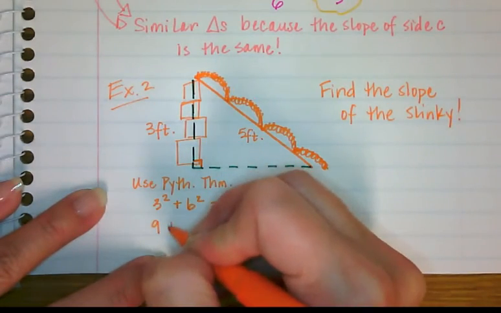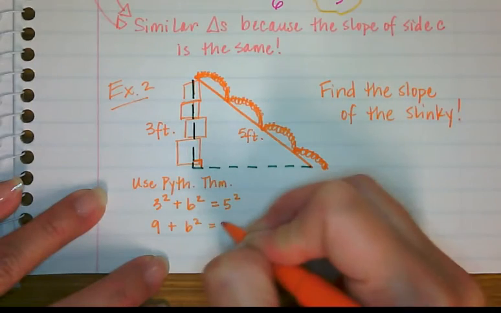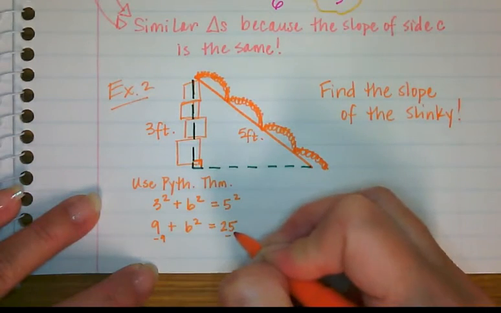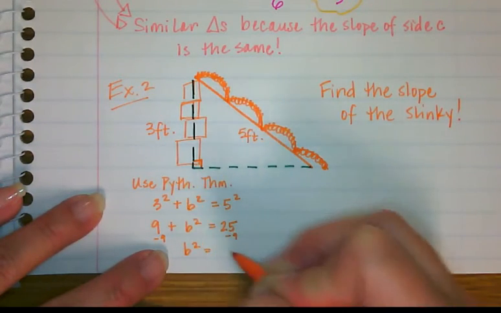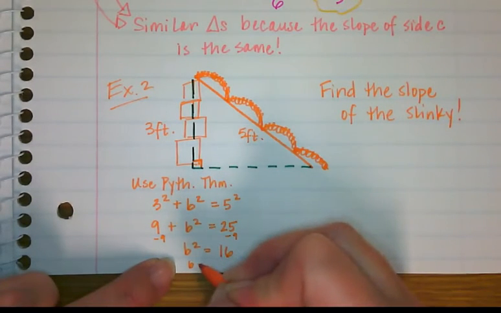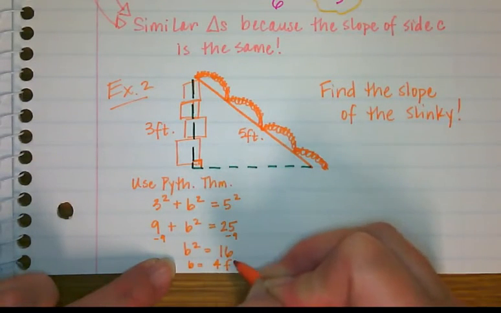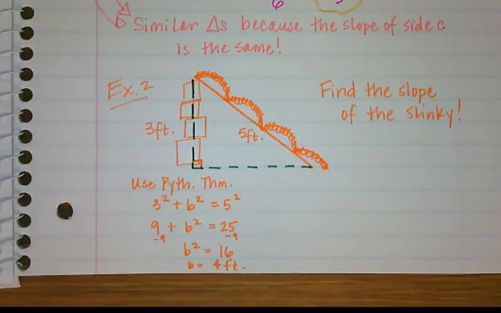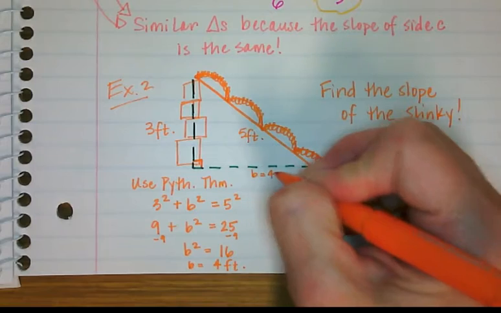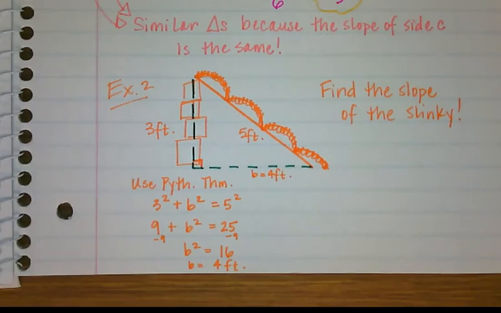So that would give us 9 plus b squared equals 25. So subtract 9 from both sides. So b squared equals 16, which then tells us that the side b is going to be 4 feet long. So we use Pythagorean theorem to find that this side is equal to 4 feet.